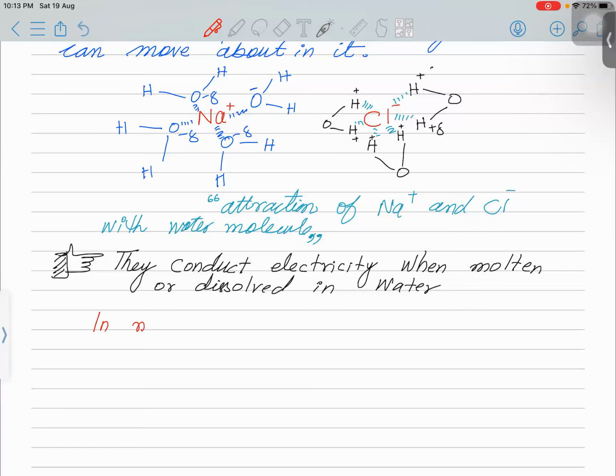So in molten or in aqueous. What is molten? Molten means when you heat sodium chloride, it melts, and this state is called molten. Why does it conduct electricity in those states? Because in solid, no ion can move.